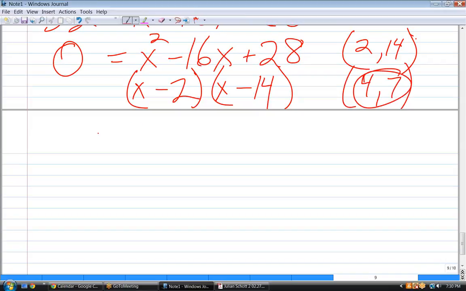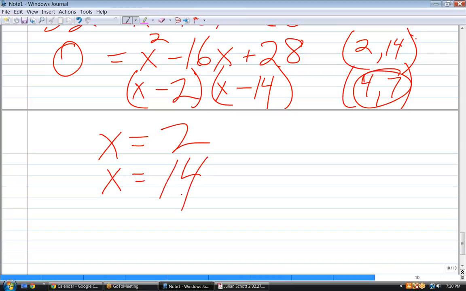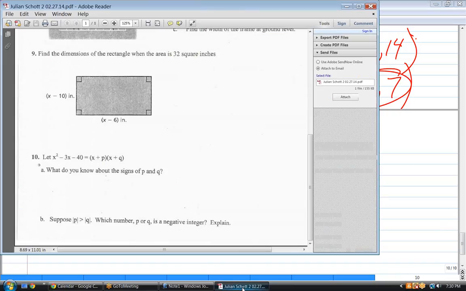So what is my solution? What is x equal to? X equals positive 2 or positive 14. If we look at our picture, can x equal 2? No, because that would give us a negative dimension.